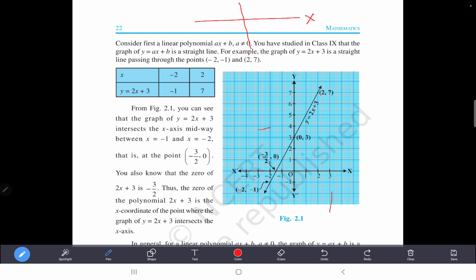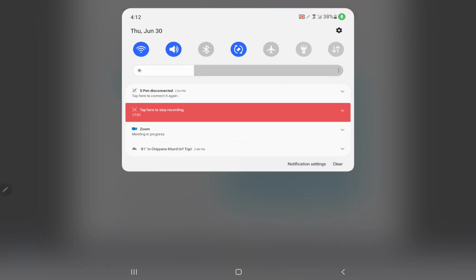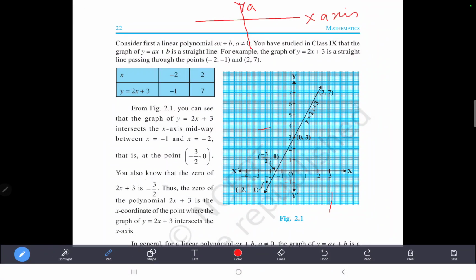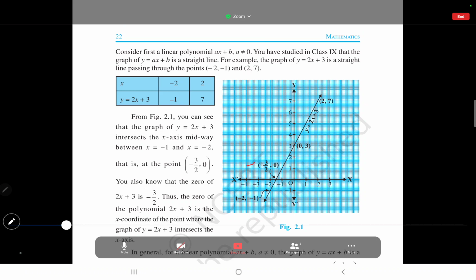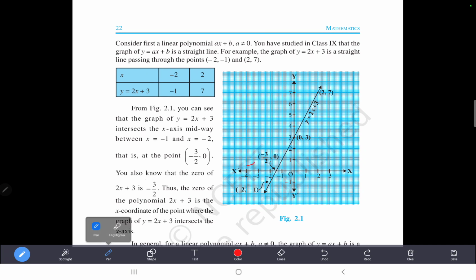So this is called the x-axis and it is called the y-axis.